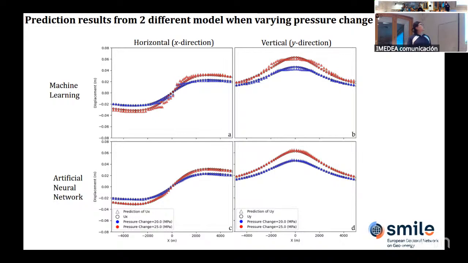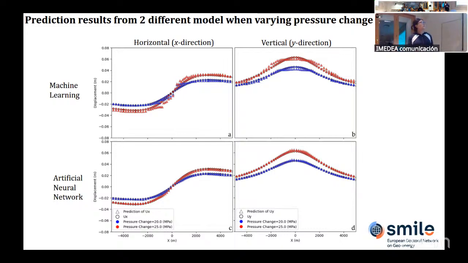The machine learning, although it can capture the overall trend, has some misfitting around the zero. But this issue doesn't happen with the artificial neural network.